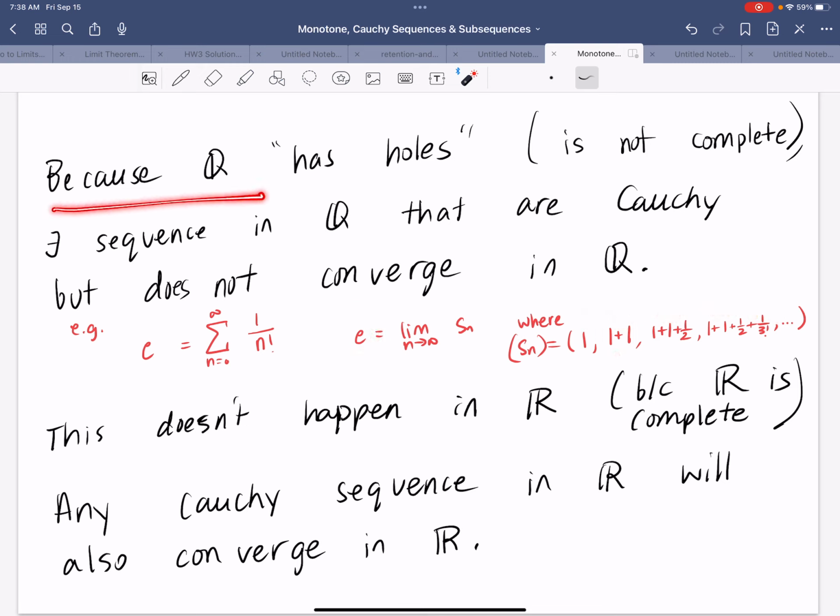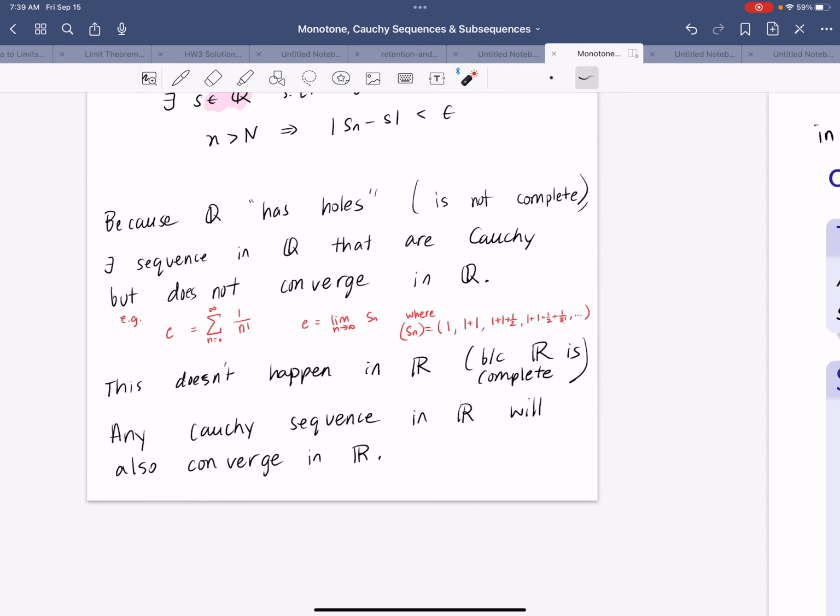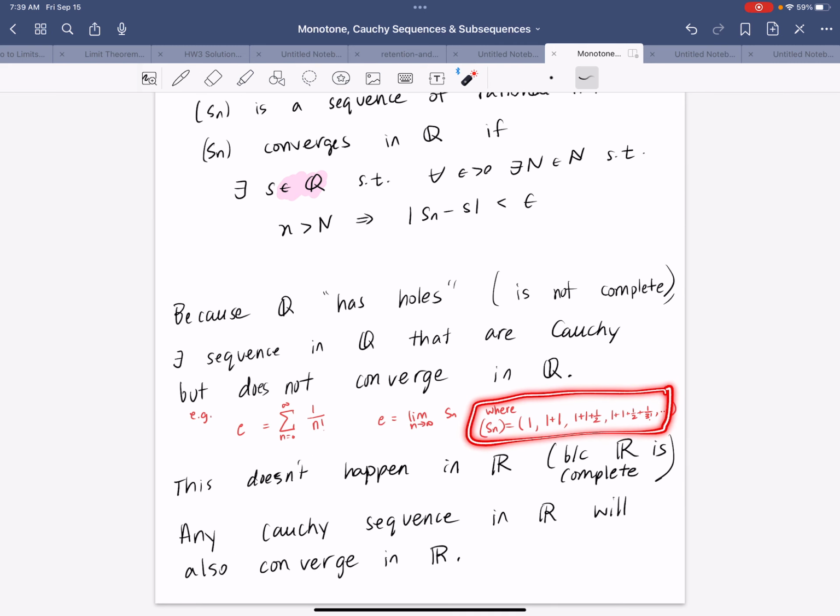So if I'm in the land of Q, I don't know about the existence of e, right? I know about these numbers, and these numbers will be Cauchy. Why will this sequence be Cauchy? Because this sequence also lives in R. And in R, this sequence converges to e.